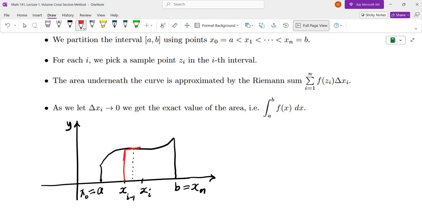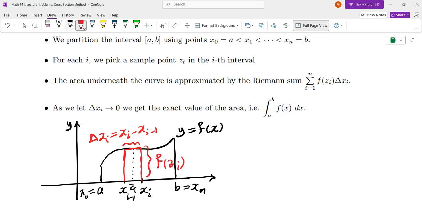As you have seen in single variable calculus 1, you could take the left endpoint, midpoint, or the right endpoint. Those are the typical examples of approximations of integrals. And then we take the area underneath the graph of the function and approximate that by the sum of the areas of these rectangles. So the base of this rectangle is xi minus 1 to xi, which I denote by delta xi, and the height is f of zi.